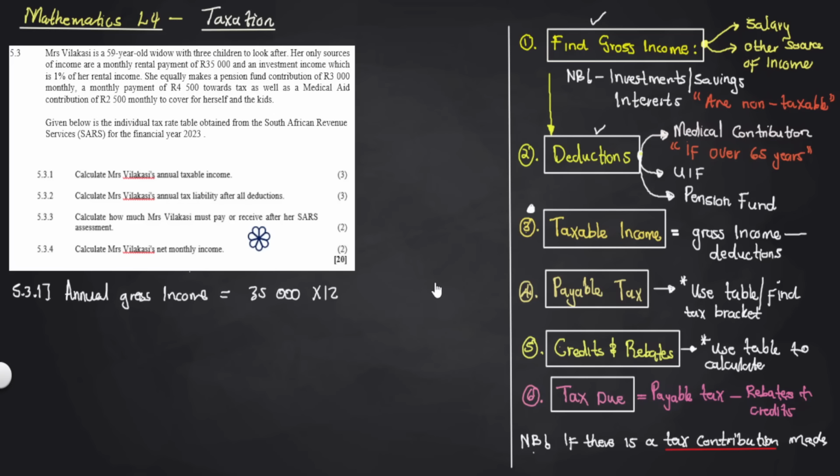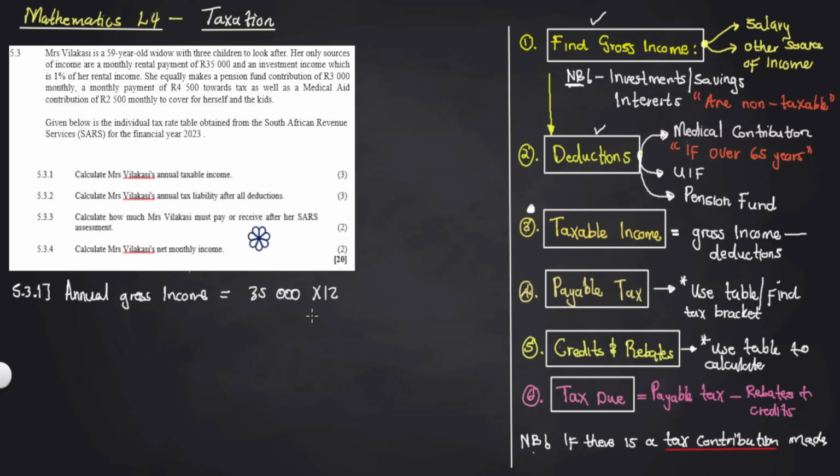There's another source of income, the investment account, but I did mention that investment or savings interest is non-taxable, so that investment won't be targeted by SARS for paying tax. So we don't consider it in gross income. Whatever goes into gross income, it's only the salary or source of income that is taxable. The investment in this case is not.